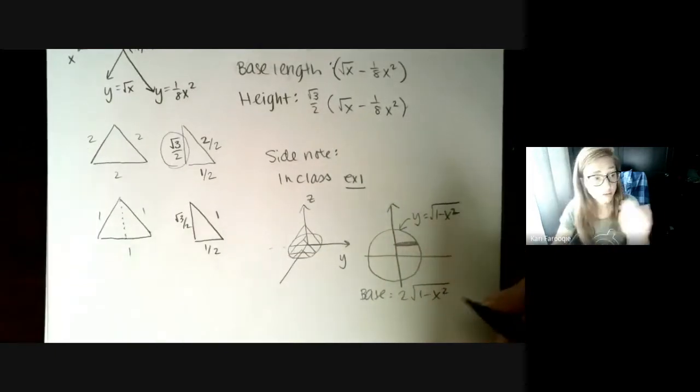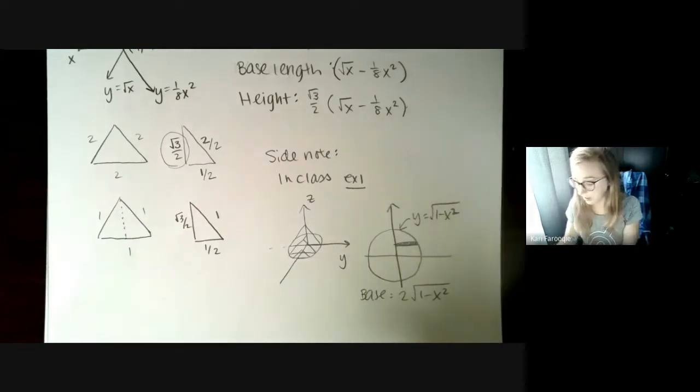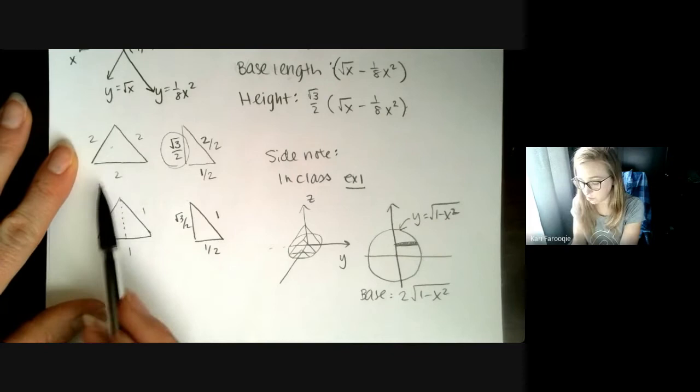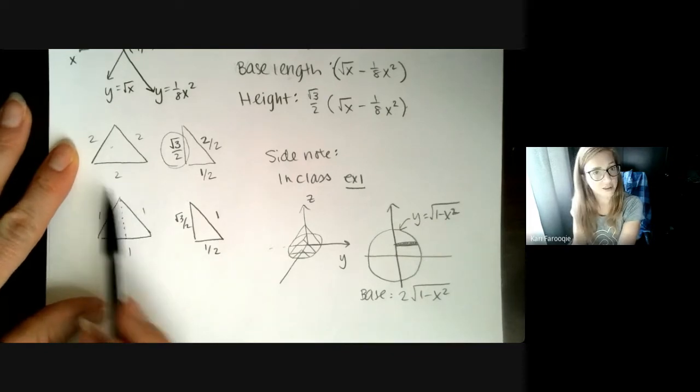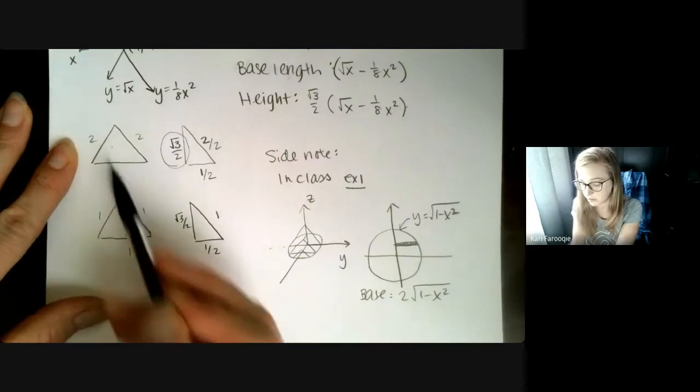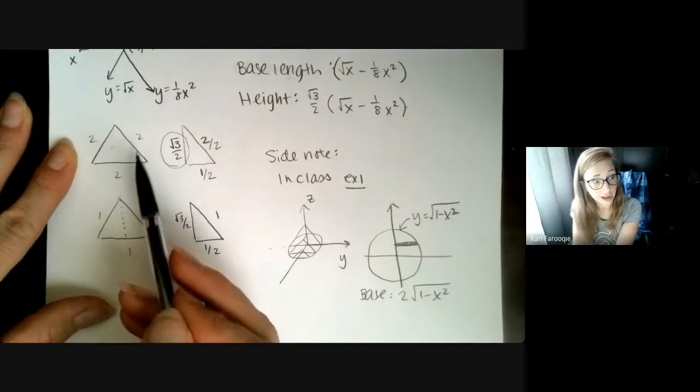And because the base was twice that, it made sense to use this triangle, because this triangle multiplies this base by 2. So whatever the base is, you get this proportional relationship between the sides.